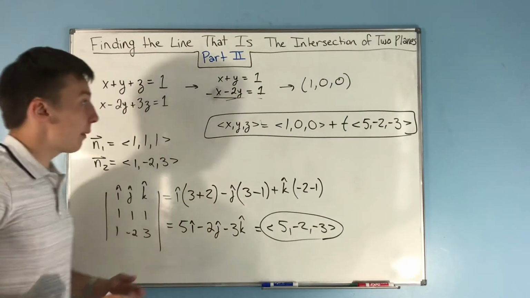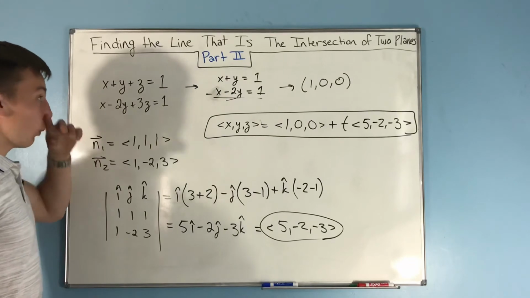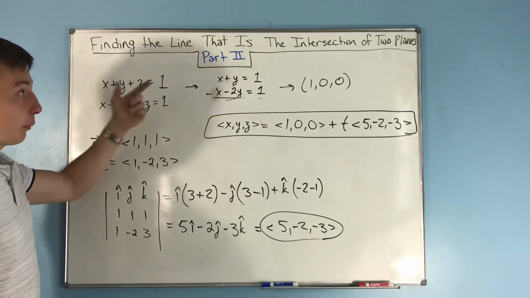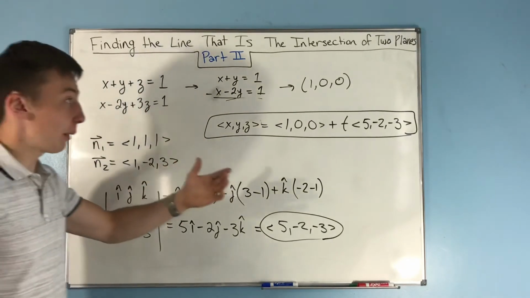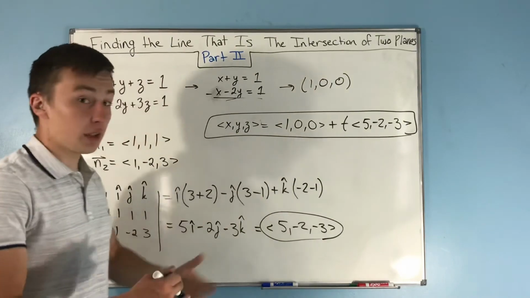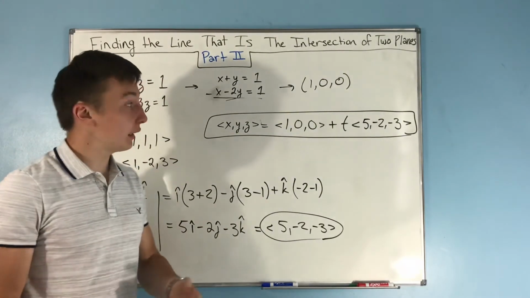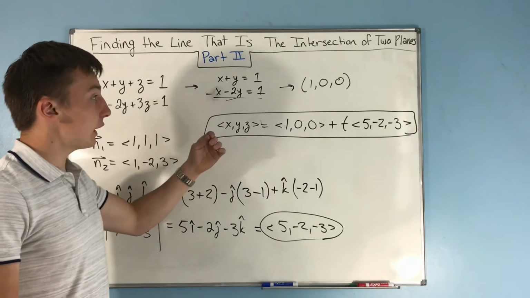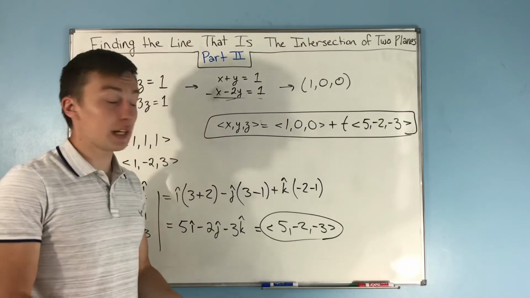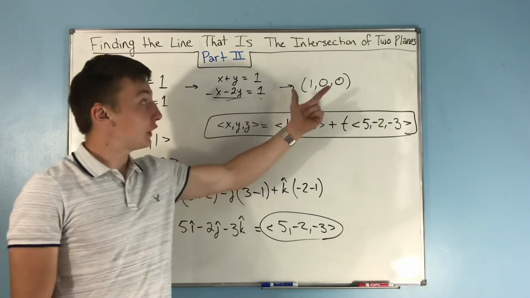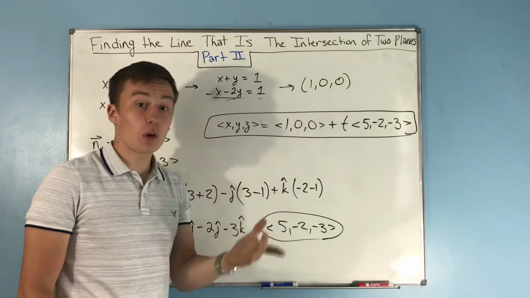So a quick recap now. What we did was first we tried to see if these two planes are going to intersect on the xy plane. If they did, we need to find the point where they do intersect. So we set z equal to 0, putting us on the xy plane, and we found that these two planes actually do intersect at 1, 0, 0.